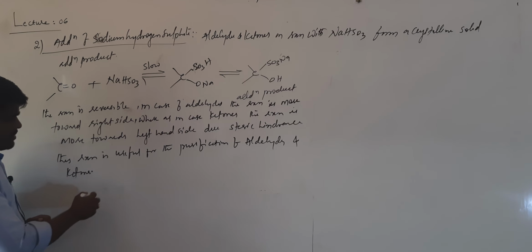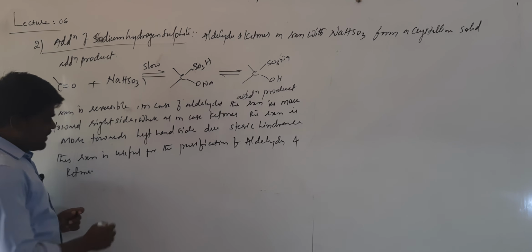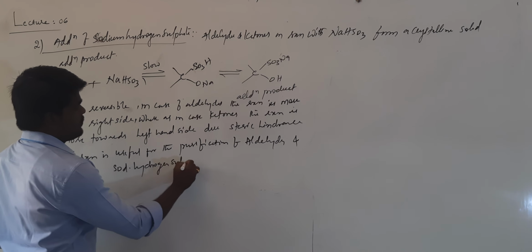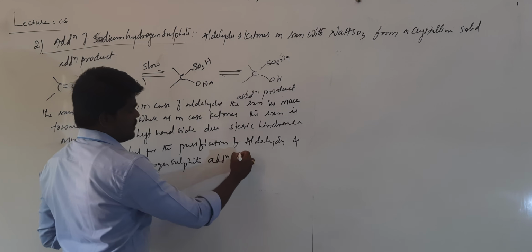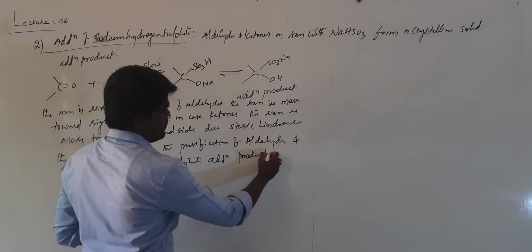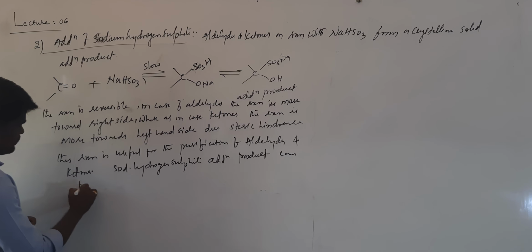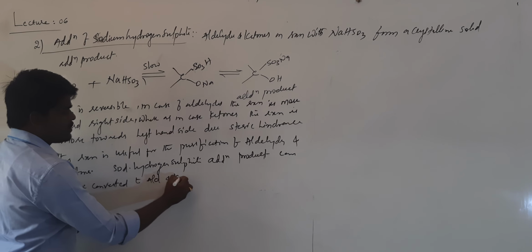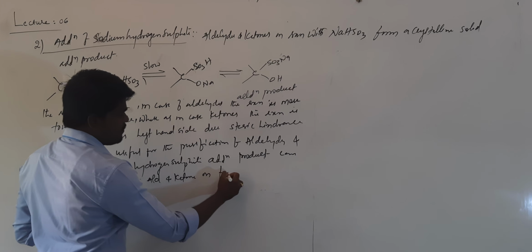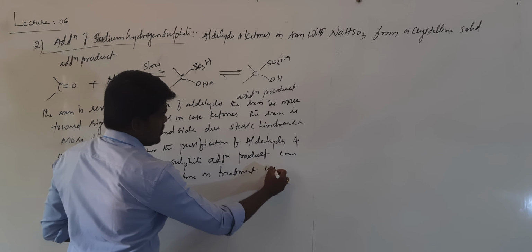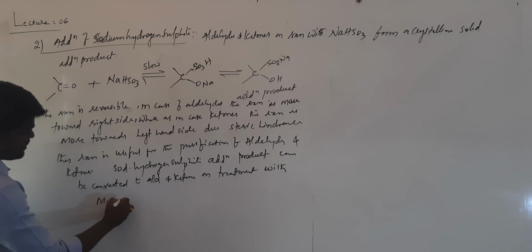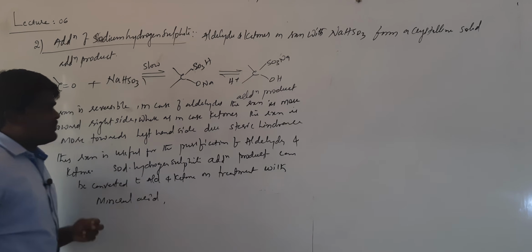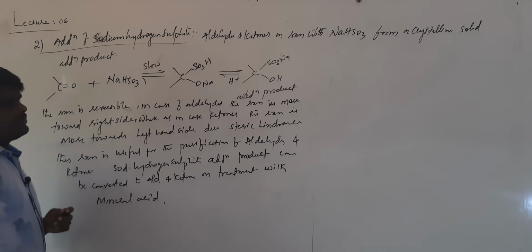This sodium hydrogen sulfite addition product can be converted back into aldehydes and ketones on treatment with mineral acids, such as HCl, H2SO4, etc. If you treat them with mineral acids, they are converted back into pure aldehydes and ketones.